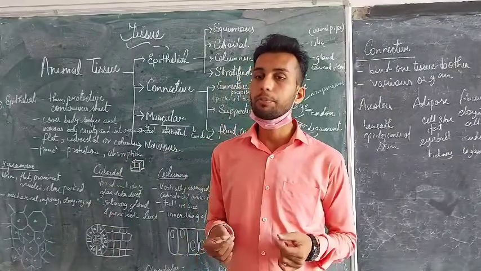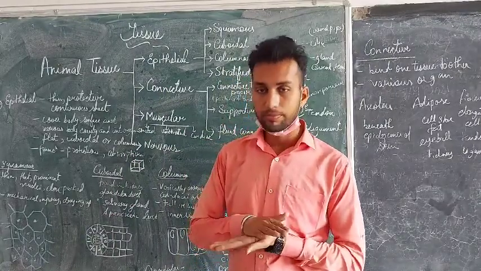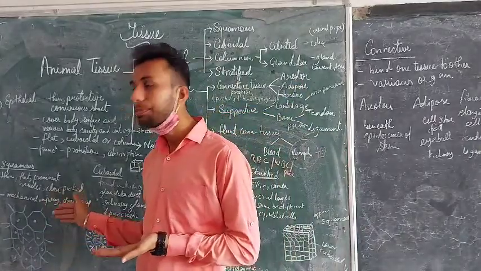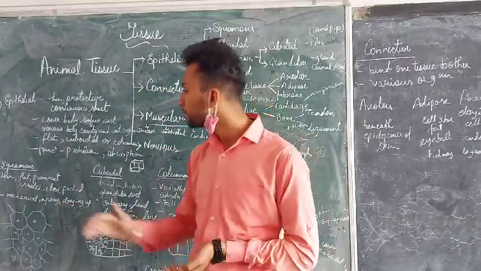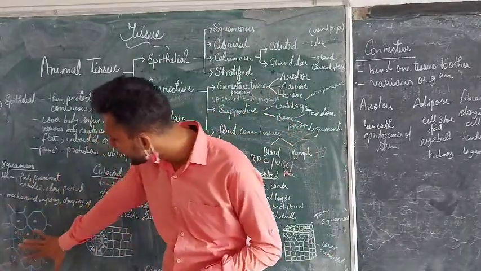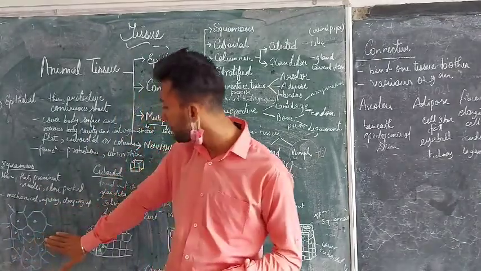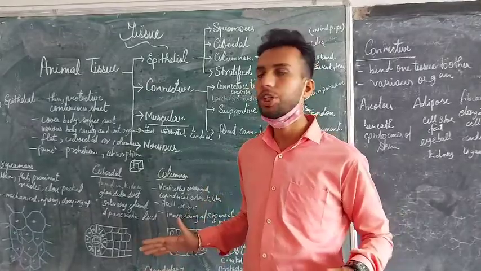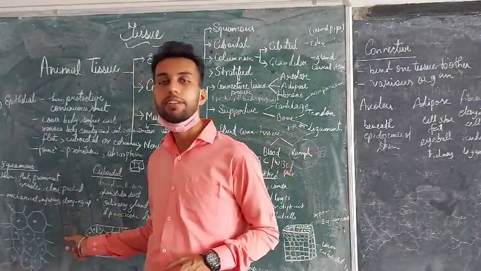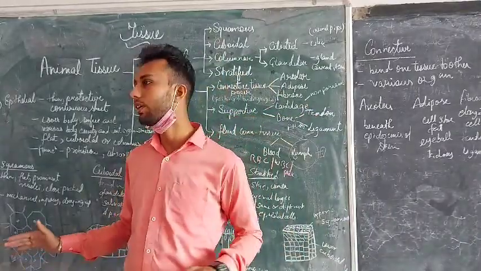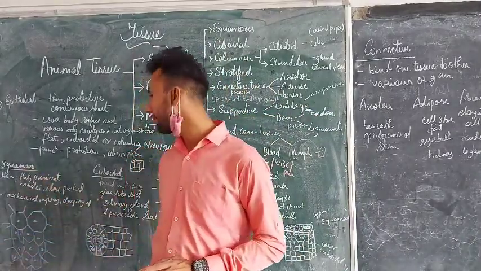It provides flexibility to the external environment and prevents the drying up of the organ. So squamous epithelium is a flattened group of cells with prominent nuclei, closely packed to each other, protecting the organ from mechanical injury and drying up. That is the squamous epithelium.